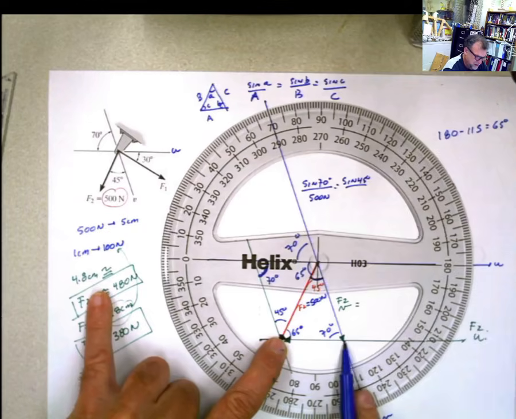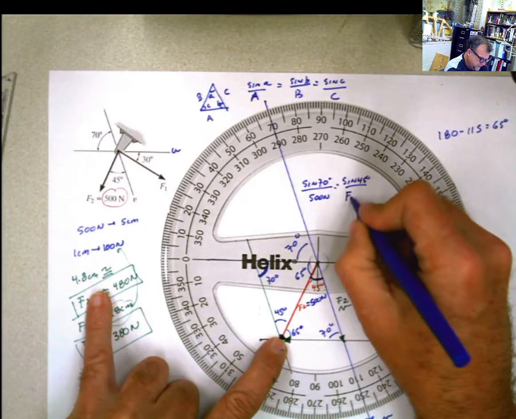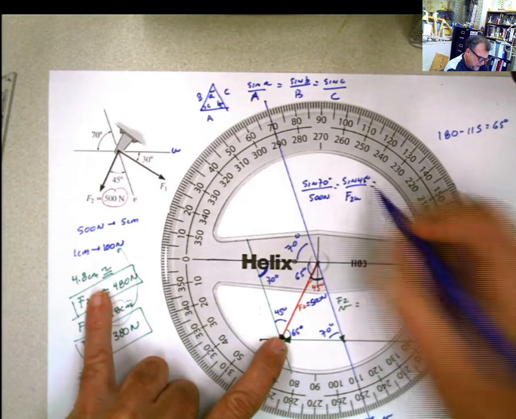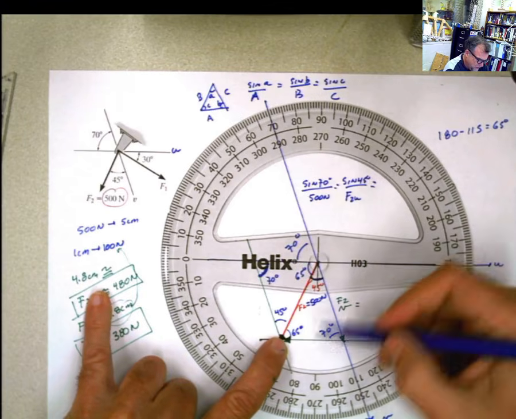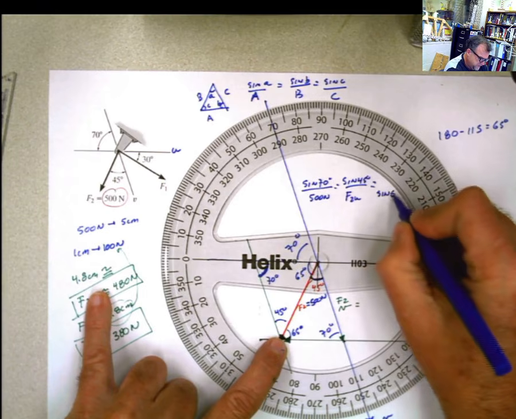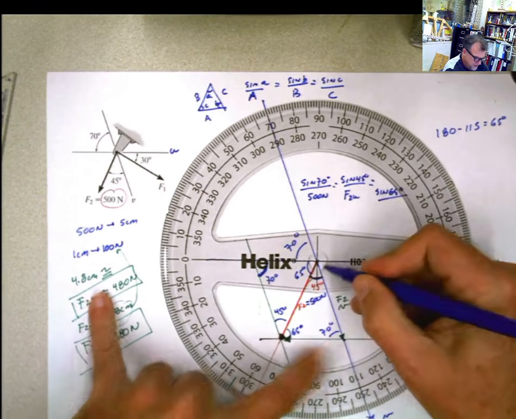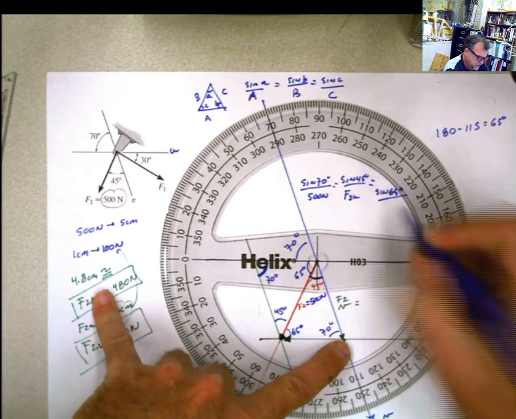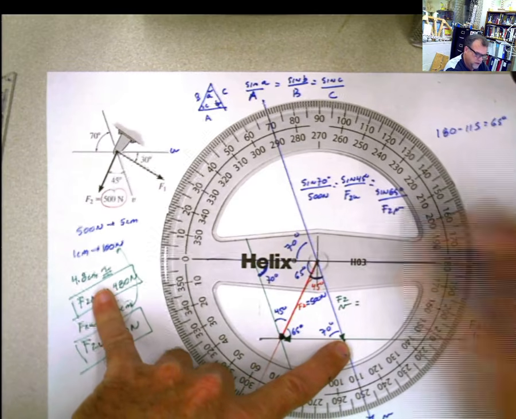This side is F2U. And has to be equal to what? To the other angle, which is this one, 65 degrees, divided by this other side, and this other side is F2V. Now you take a pick.